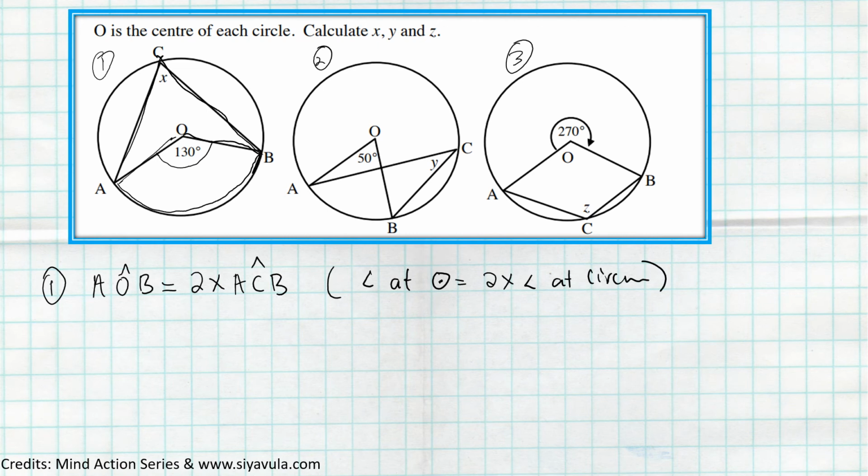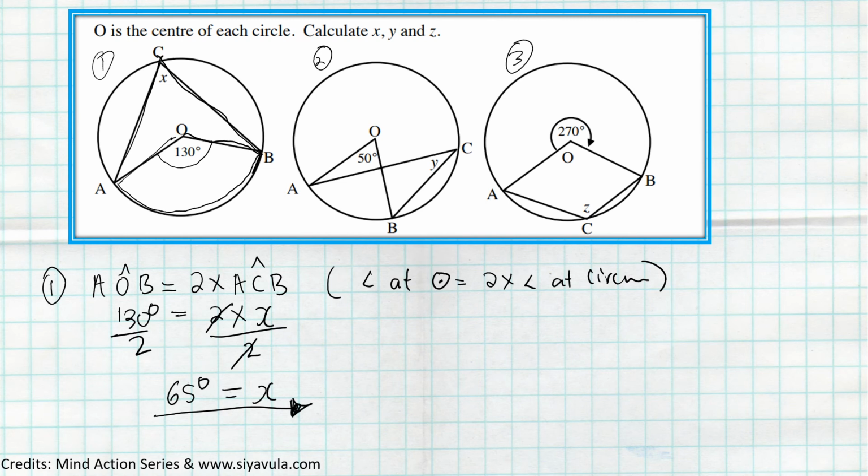Angle AOB is 130 degrees, which will be equal to 2 times angle ACB, which is x. To solve for x, we divide both sides by 2, and x will be equal to 130 divided by 2, which is 65 degrees.